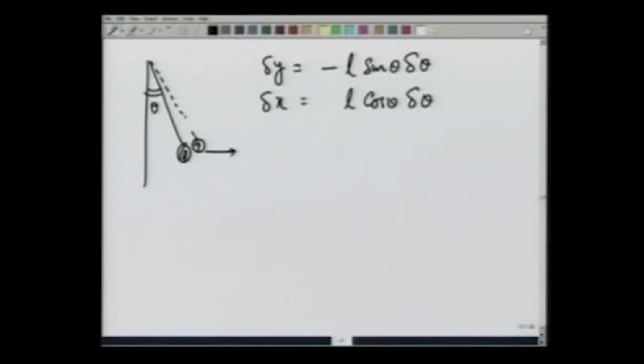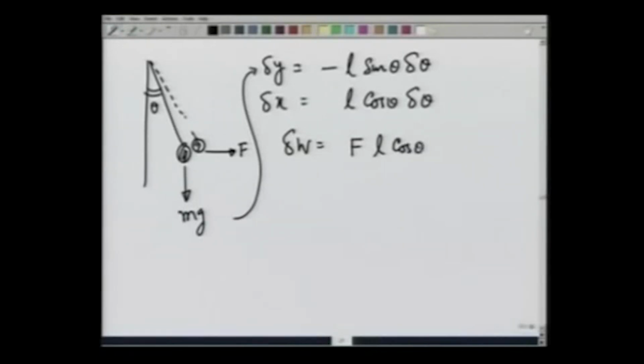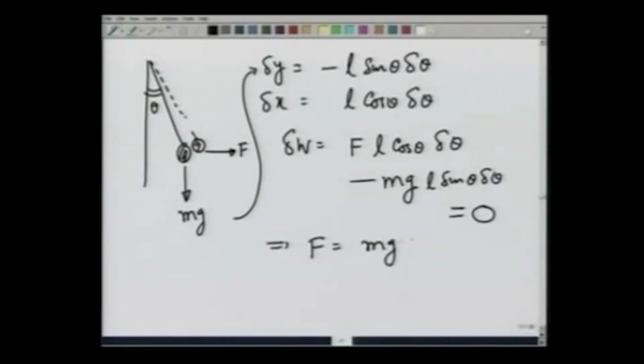The force this way is F, force this way is mg. So, this minus sign in delta y actually refers to this being opposite to mg. So, delta W is going to be F L cosine theta delta theta minus mg L sin theta delta theta, and by principle of virtual work this should be 0, and that gives me F equals mg tangent theta straight away.